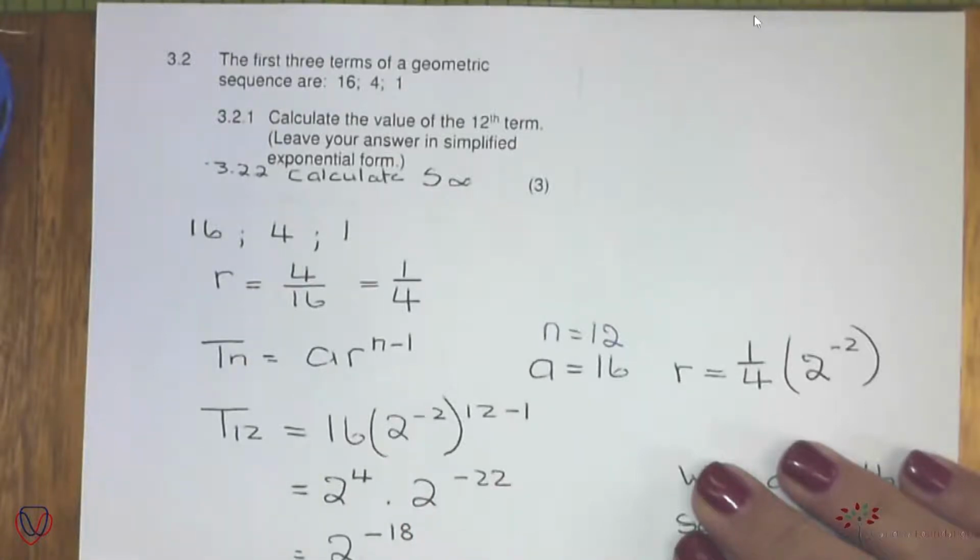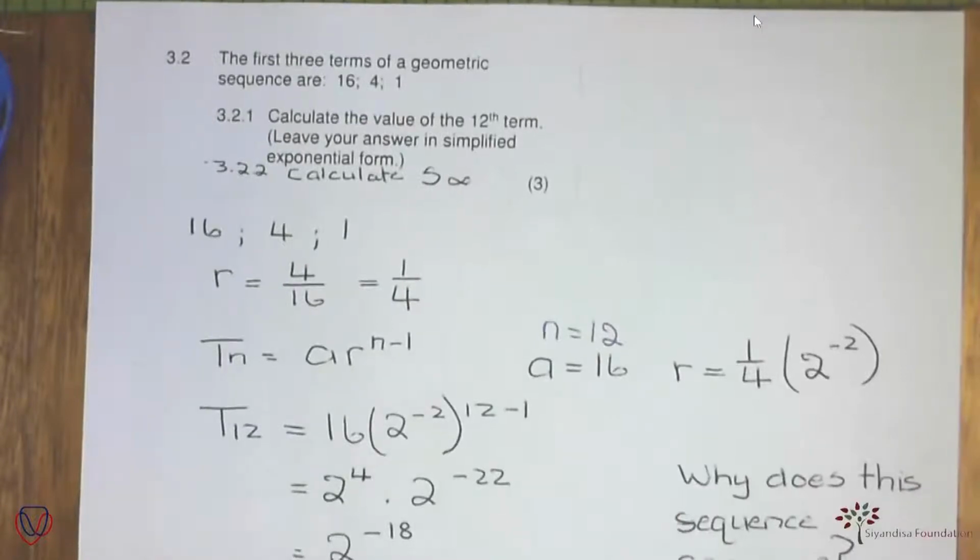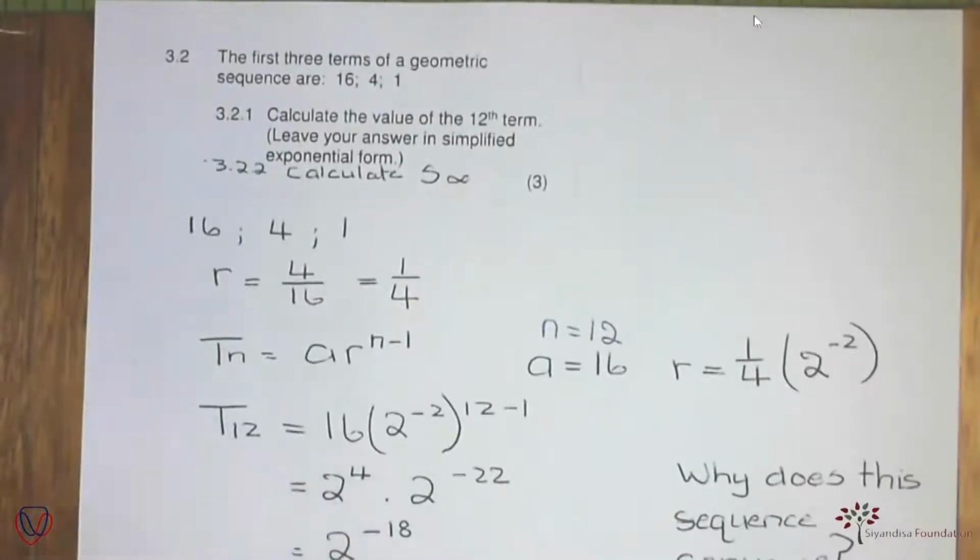So T12 is going to be 2 to the power negative 18, and that is going to be a half to the power 18. How did I get that? I swapped this fraction, 2 over 1. It becomes 1 over 2, and the exponent changed signs.